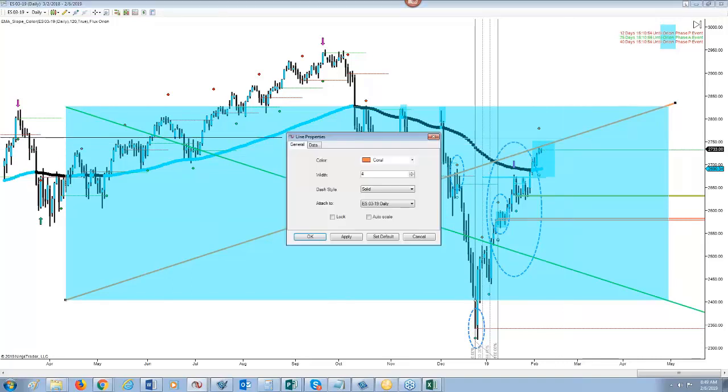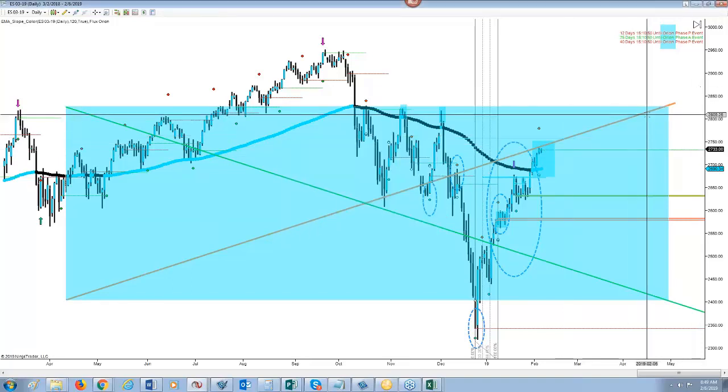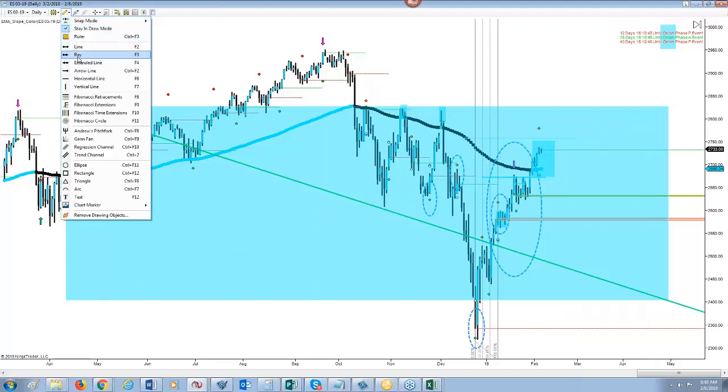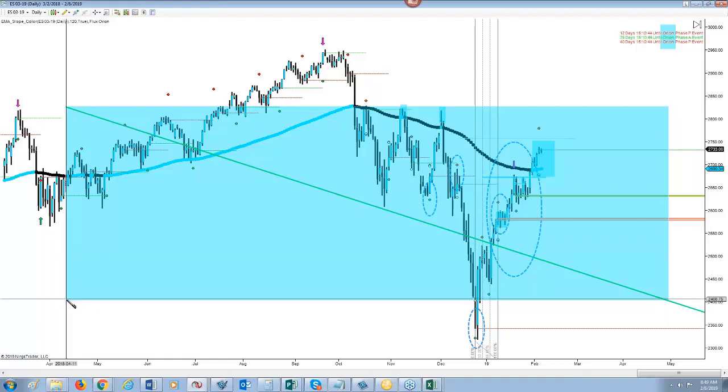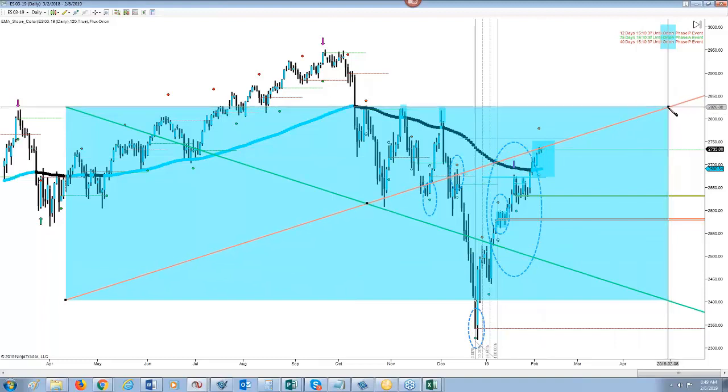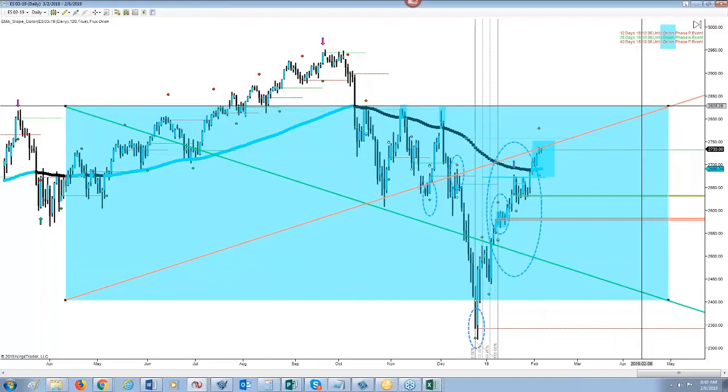And I'm going to make the top ray red. Things are about to get a little weird. Get rid of your rectangle.